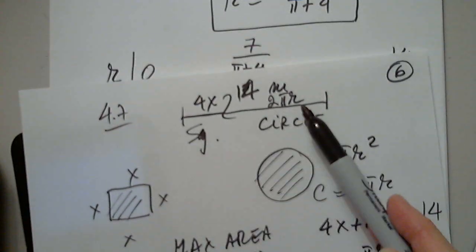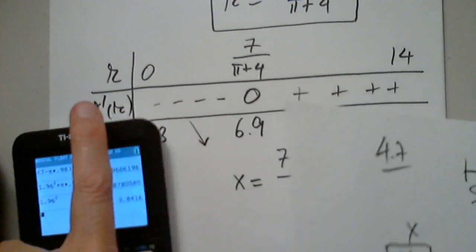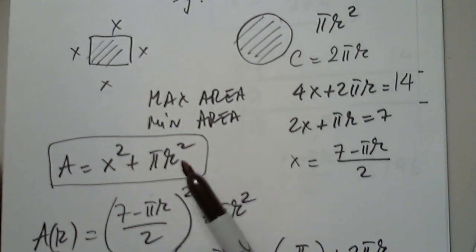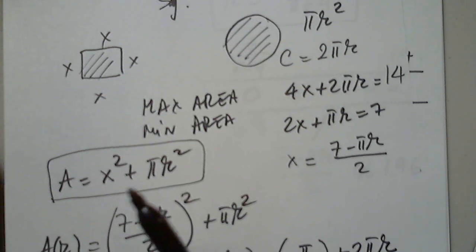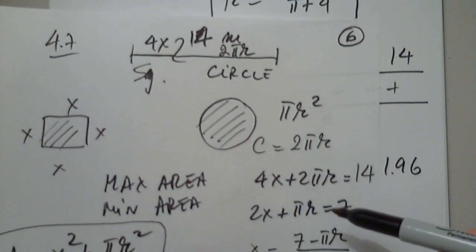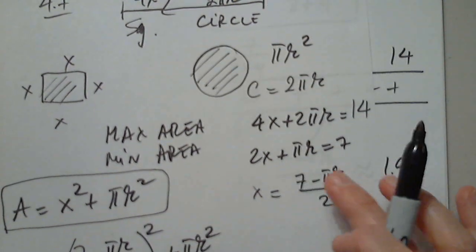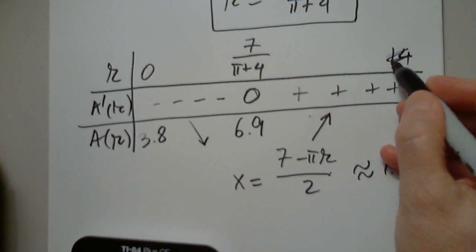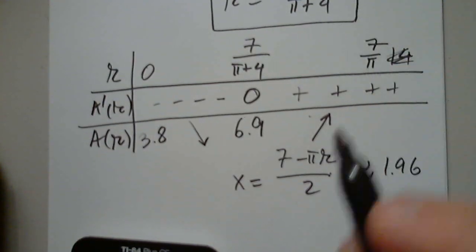When r is 0, then we bend everything into the square. When x is 0, r is 7 over pi. Maximum it can be is 7 over pi.